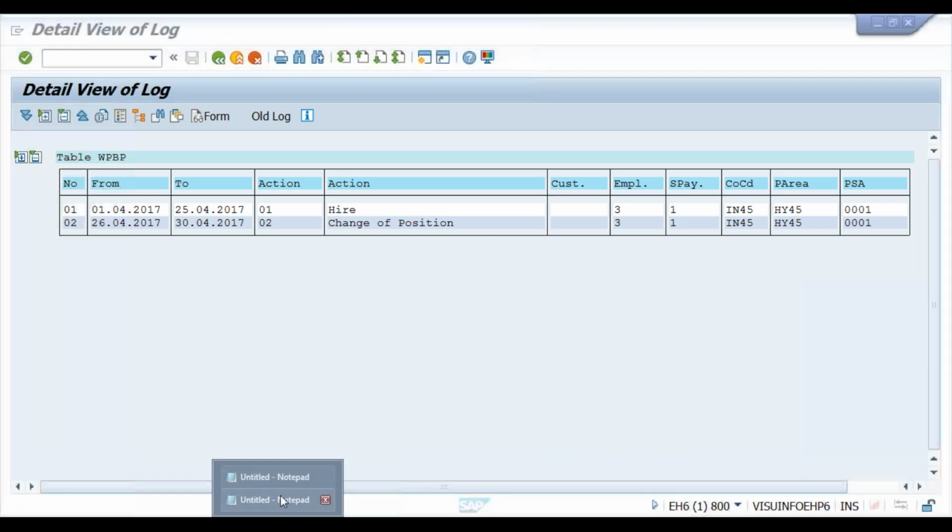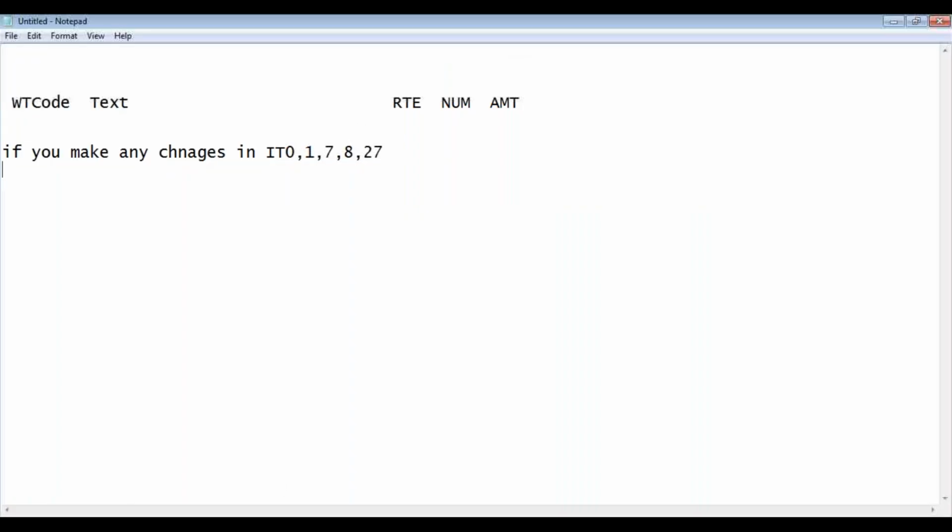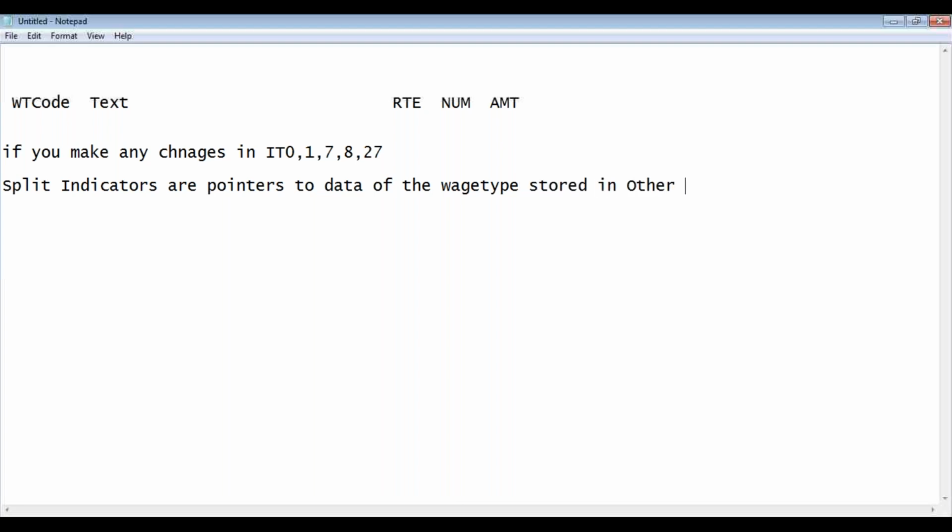So the splits are split indicators, pointers to the data of the wage type stored in other tables.